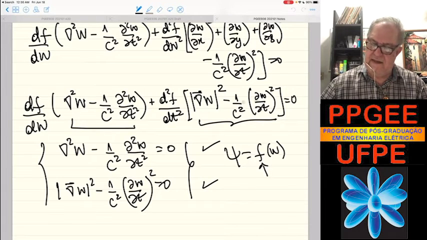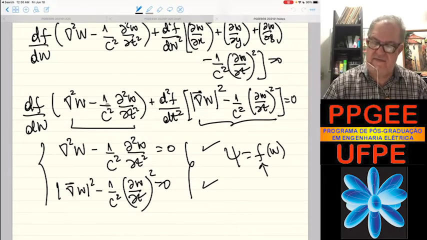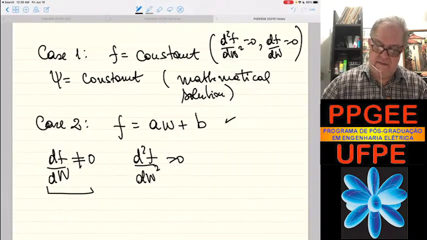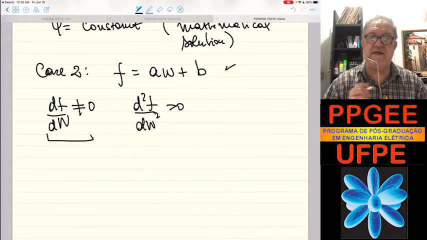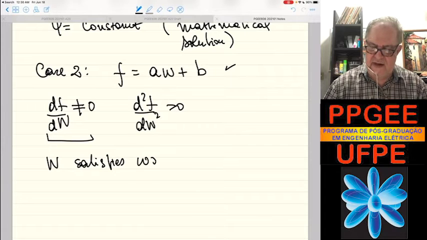So independently of this term being 0, and this not being 0, w satisfies the wave equation. So it means that in case 2, w satisfies the wave equation.